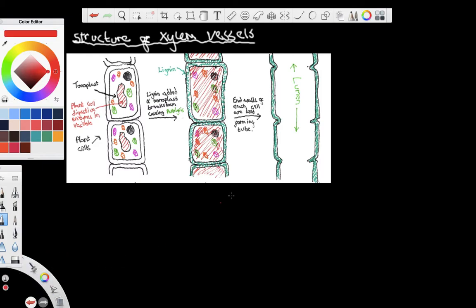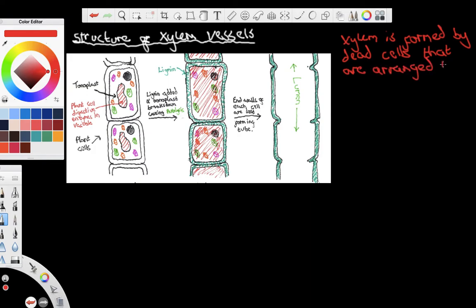So I'm going to put in red that the xylem is formed by dead cells that are arranged into a tube. Okay?